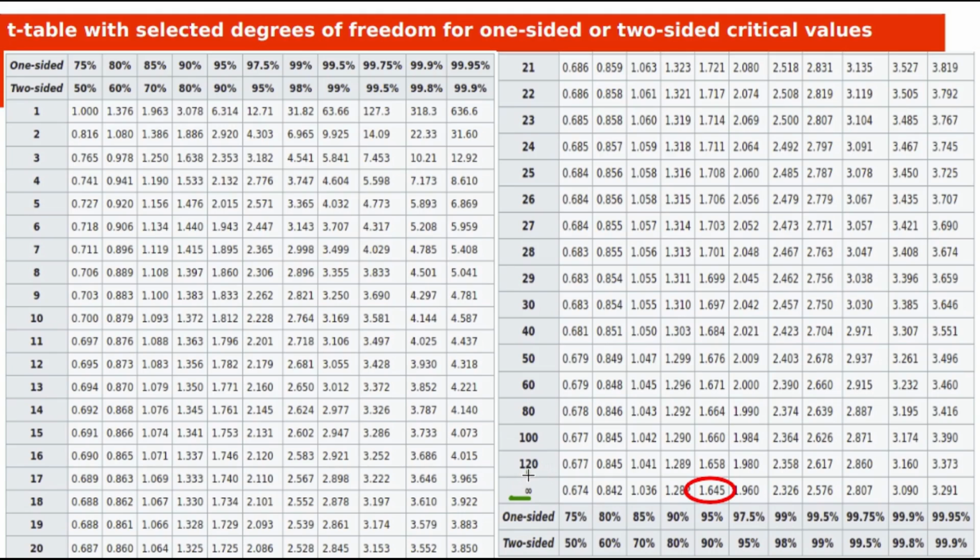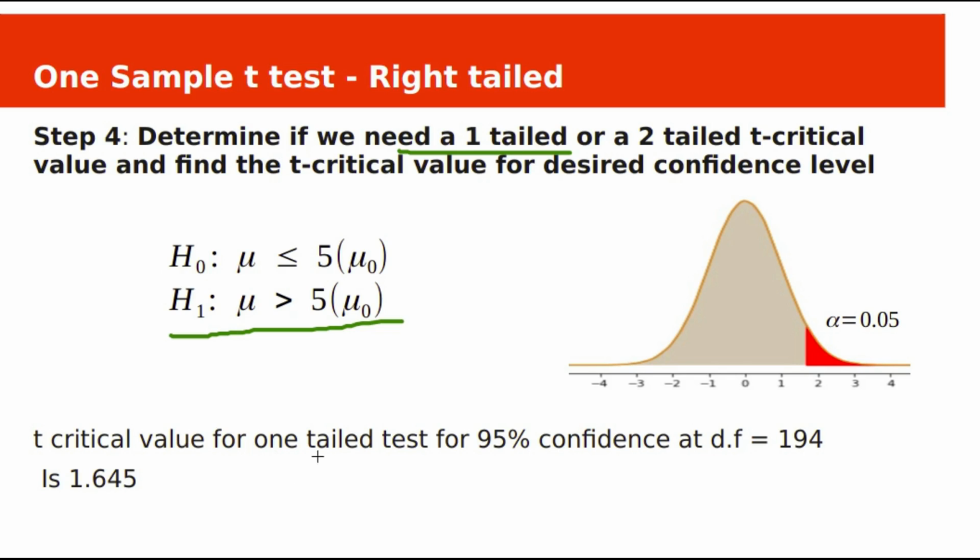It means after 120 the values will be very similar to this row. So let's check this row, and it is a one-sided test, so you have to check this row, and for the 95% confidence level in this one tail, it will be 1.645. The t critical value for a one-tail test for 95% confidence at degrees of freedom 194 is 1.645.